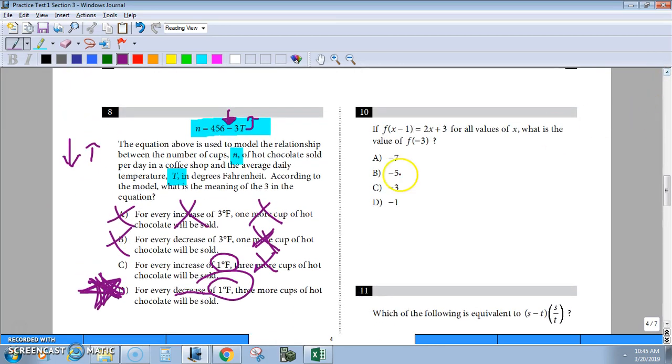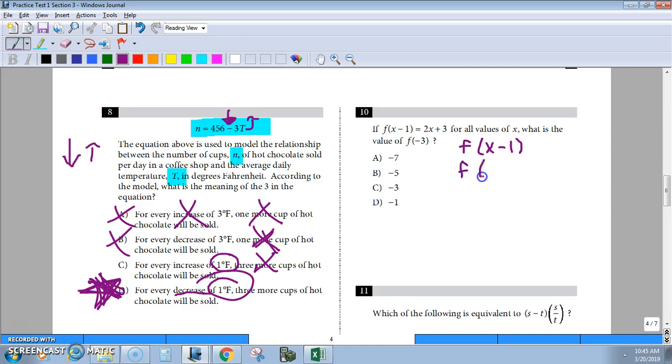Well, I think I have time for one more, you guys. Okay, if f of x minus 1 is equal to x plus 3, what is the value of f of negative 3? So this is tricky because we need to figure out what x is, right? Our original function is f of x minus 1.